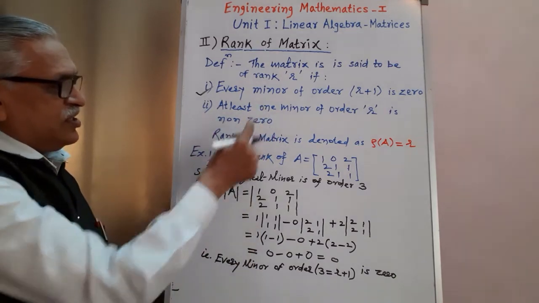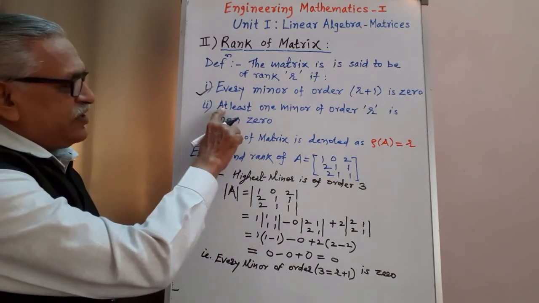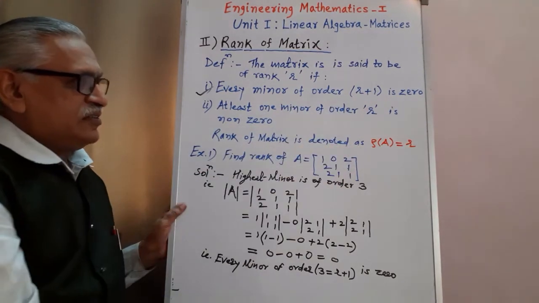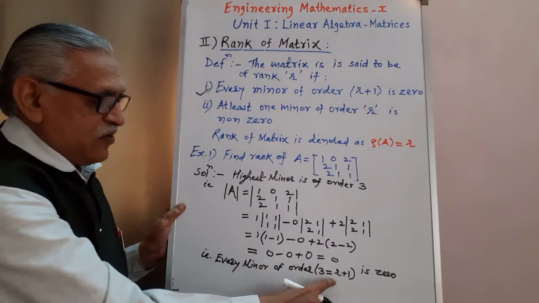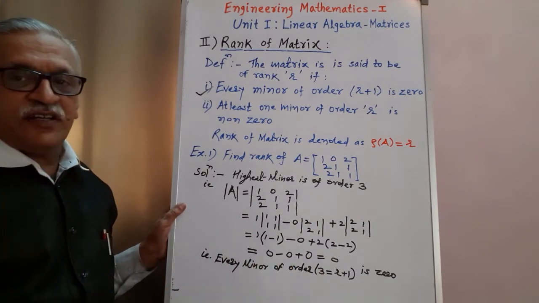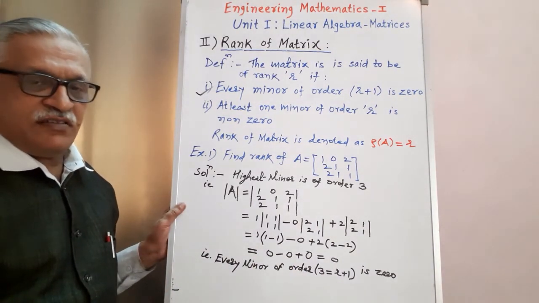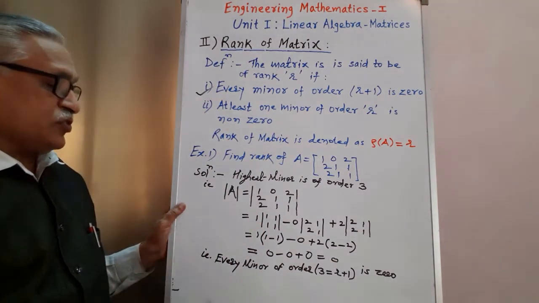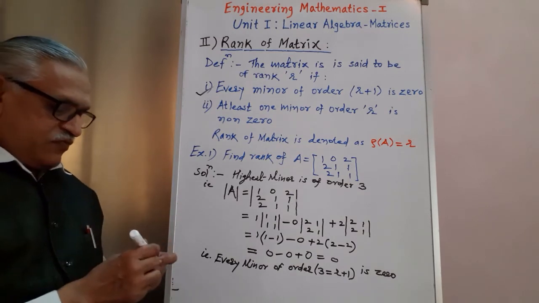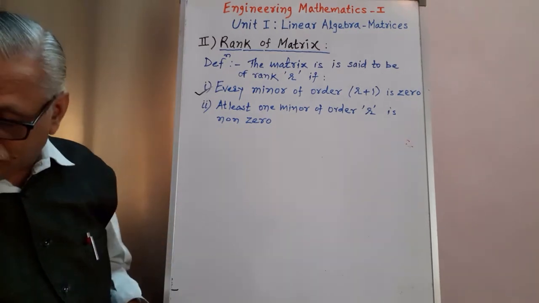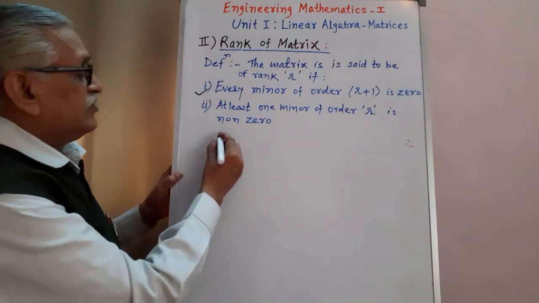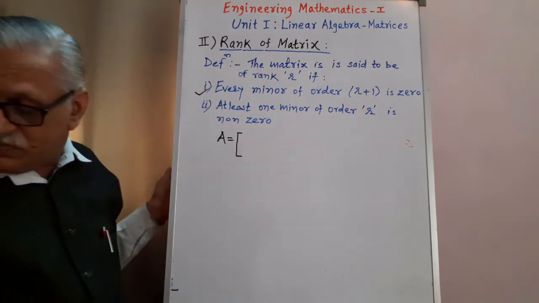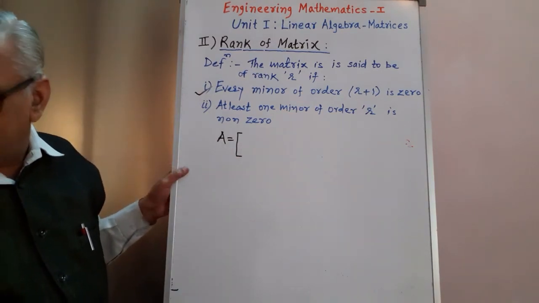Then we have to go for the second condition, whether we get at least one minor of order less than this by 1. Therefore, if we have a minor of order 3, we have to consider a minor of order 2, at least one minor of order 2 as non-zero. Therefore, for that we check the matrix 1 0 2.